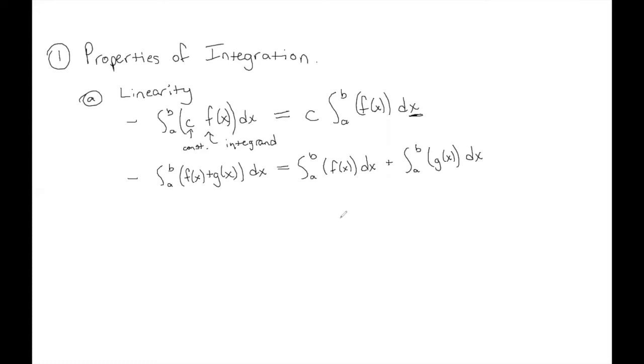I take each of f of x and g of x and make them the integrand in their own integral. The bounds stay the same, and dx stays the same. dx has to come along for each of the integrals. Every time you write one of these integral signs, make sure that you have a dx or a dt or whatever the variable is. That's very important.